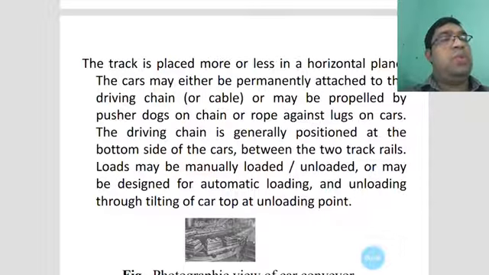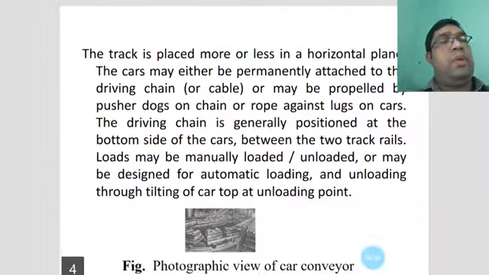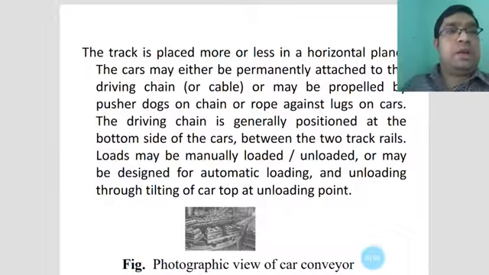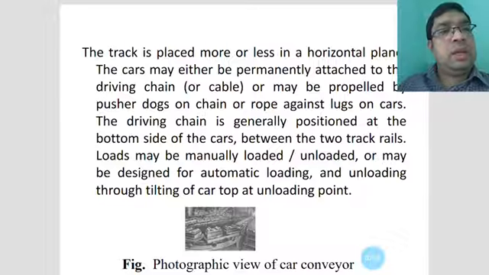These loads may be manually loaded and unloaded, or may be designed for automatic loading. We can see in different industries that materials will be transferred. The automatic loading and unloading procedures will be considered according to the different industry.